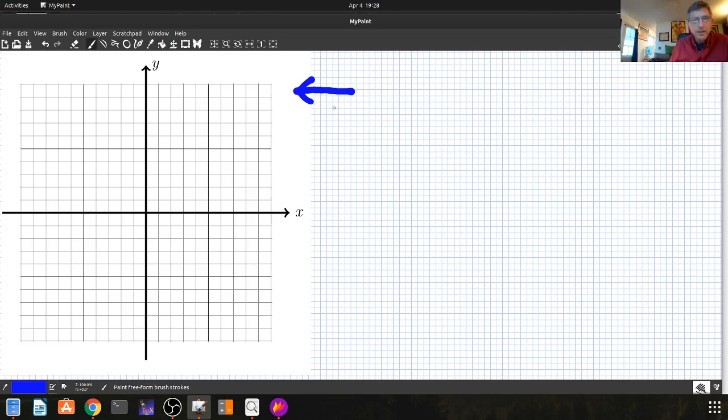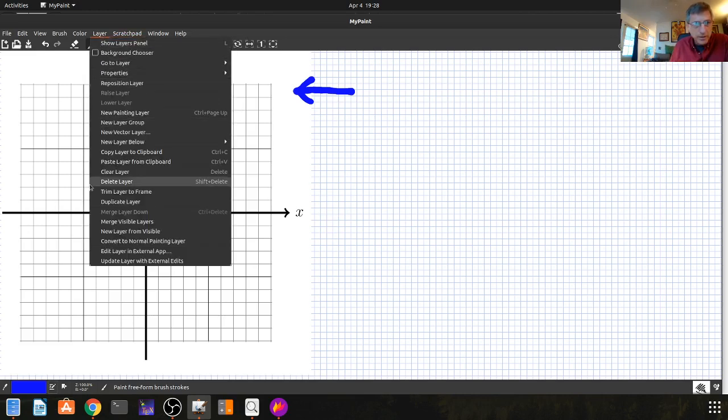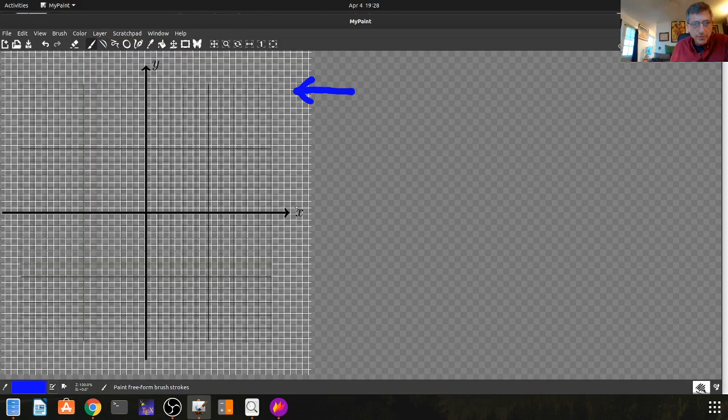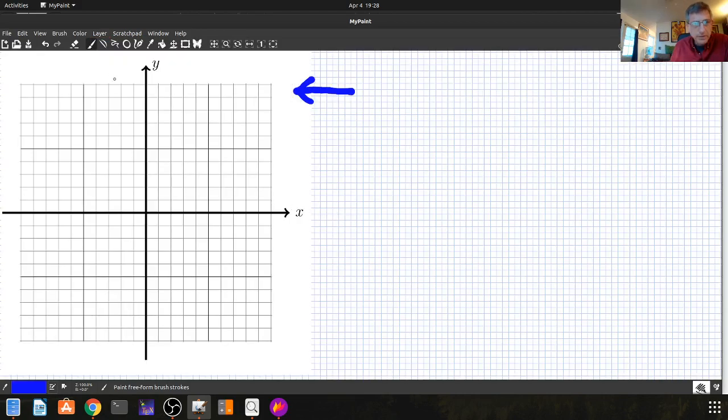This is it. So notice we have two really solid lines. This line right here and this line up here. This right here is called the x-axis.